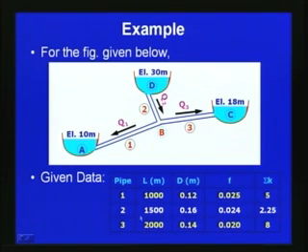For pipe 3, between B and C, the length is 2000 meter, the diameter is 14 centimeter or 0.14 meter, the friction factor is 0.02, and sigma k, the minor loss coefficient, is 8.